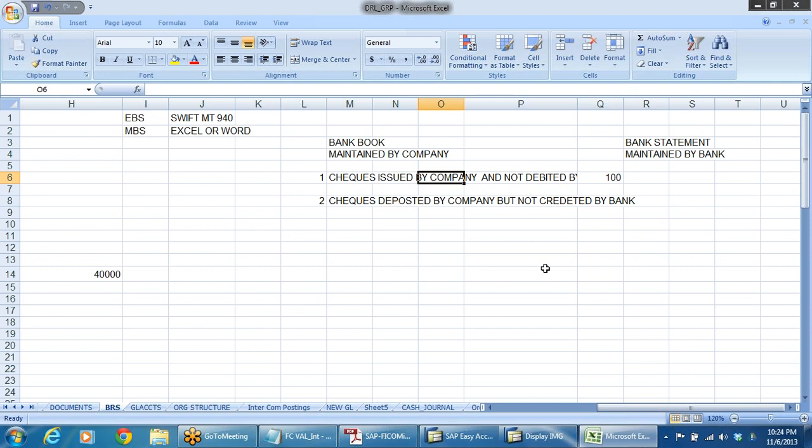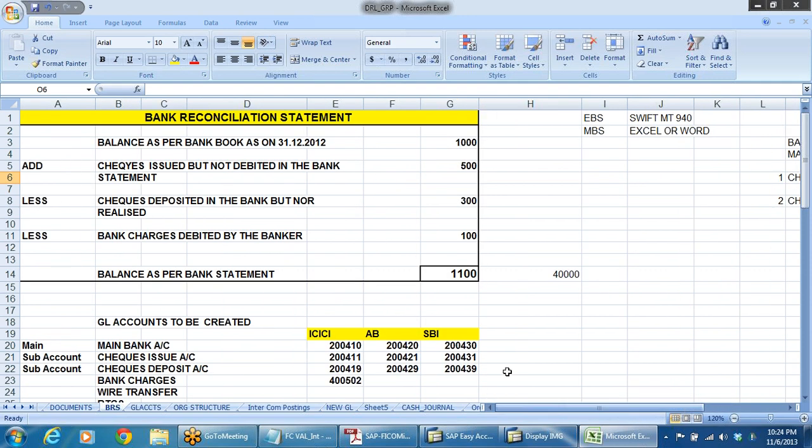The rest are shown as checks issued but not debited, and checks deposited but not credited, in that list. Finally, we will be reconciling the balance between the bank statement and the bank book. And during this process, so many entries which we have not taken will come out, and then those entries will be booked.